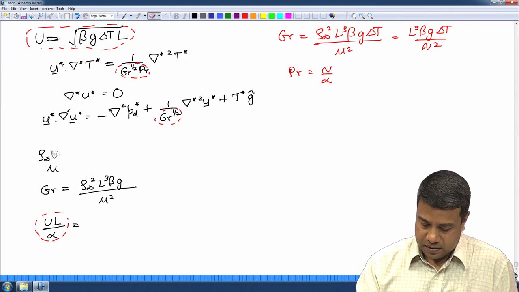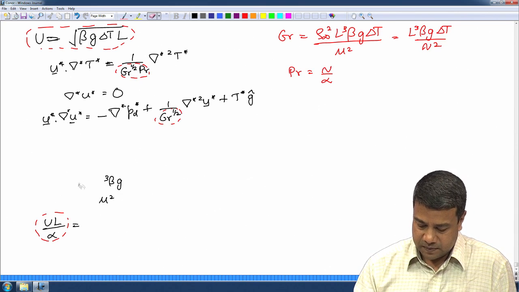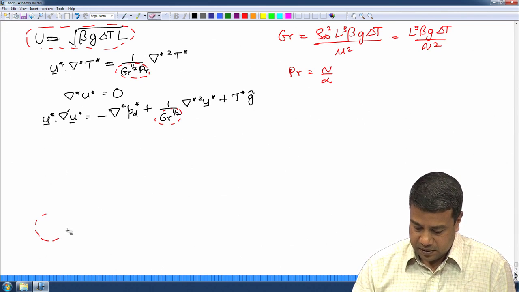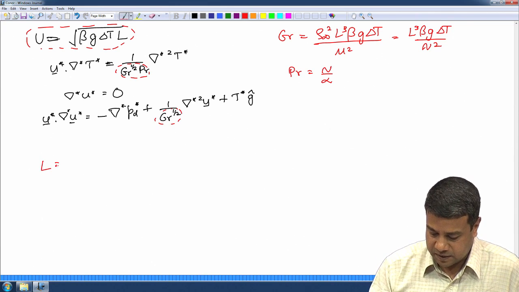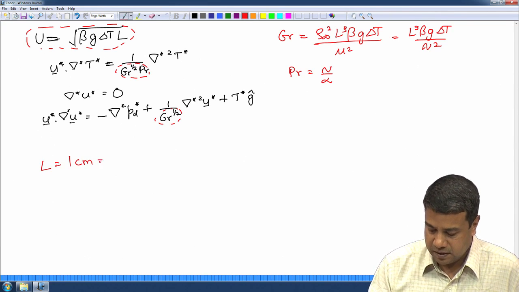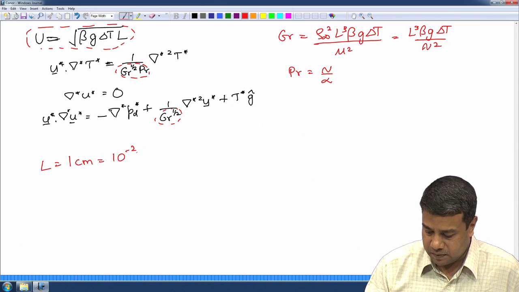Even if we take a relatively small system, let us assume that the pipe, for example, had a length of approximately 1 centimeter, which is equal to 10 power minus 2 meters.